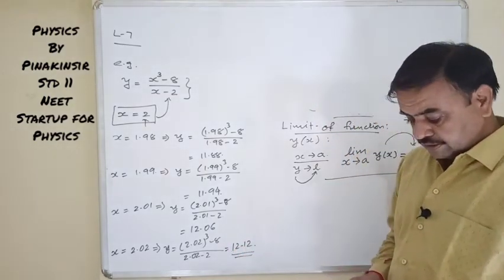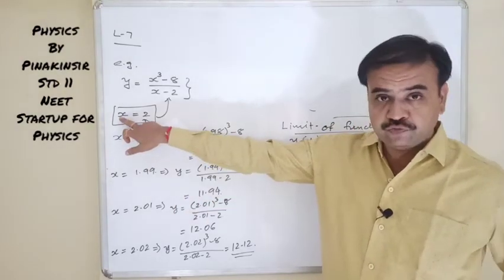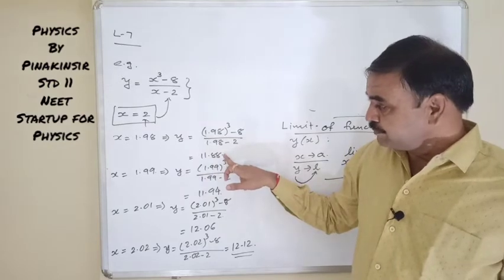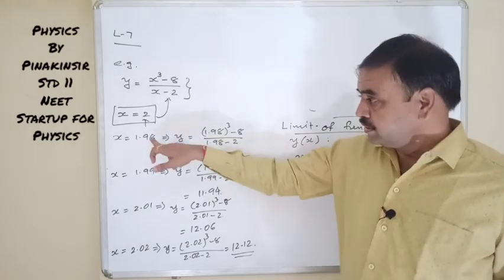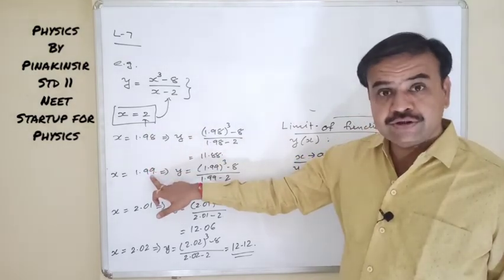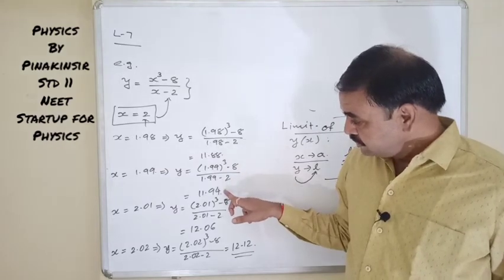Now, the logic is developed. If you approach with x towards 2, see here what happens. The value of y is approaching towards 12. If you are increasing a slight difference in x, then your y is going to be 12 only.